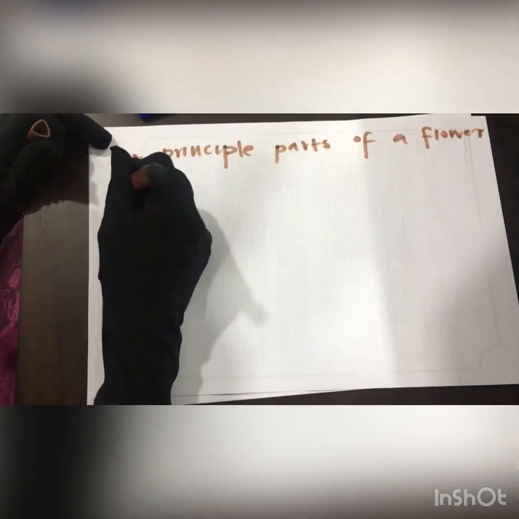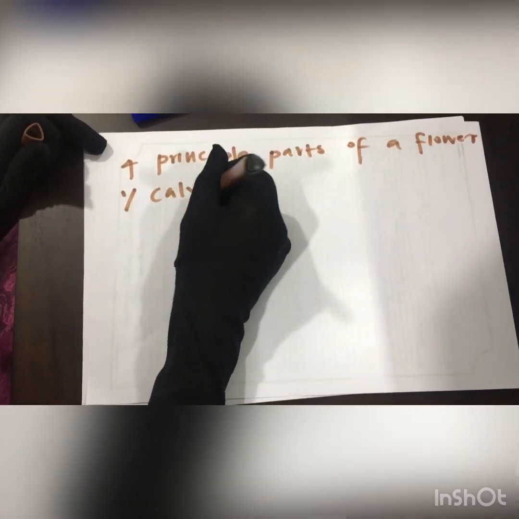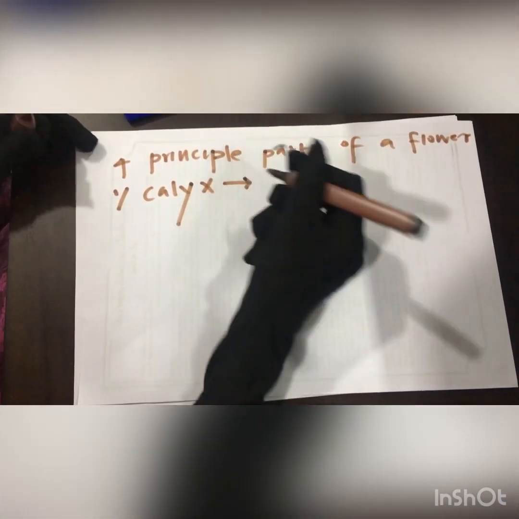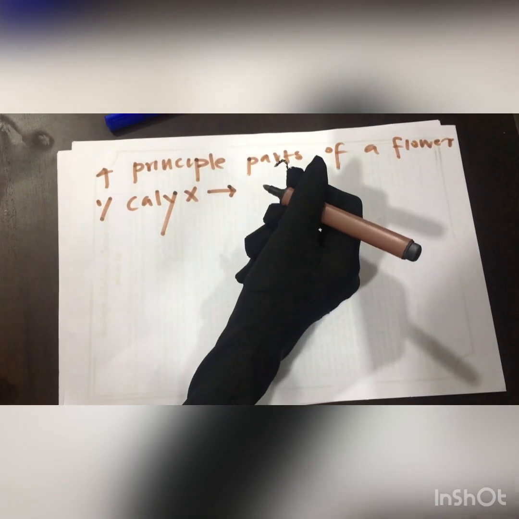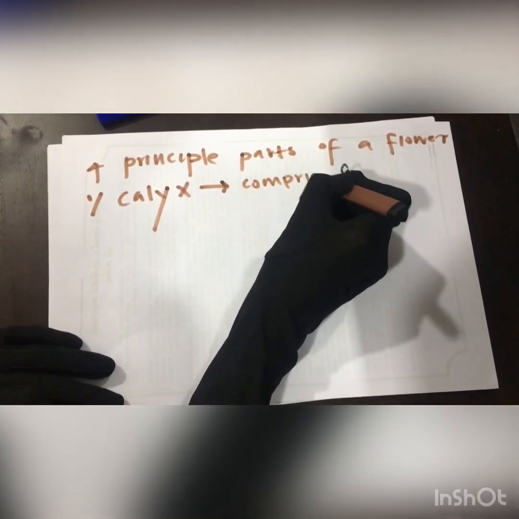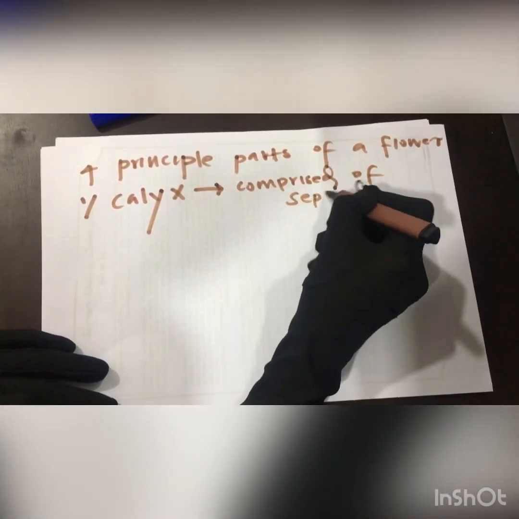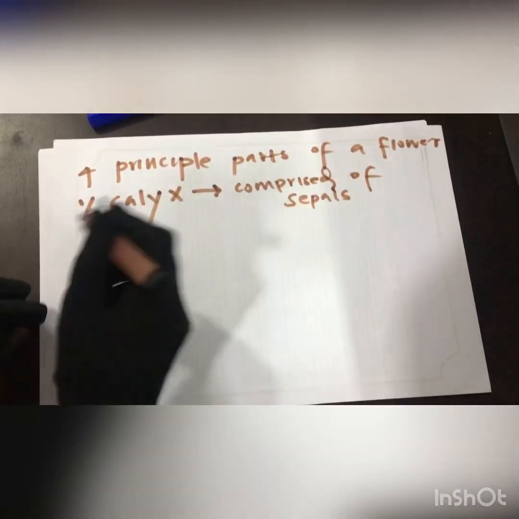The first part is the calyx. Calyx is comprised of all sepals. It contains the whole section of the sepals.